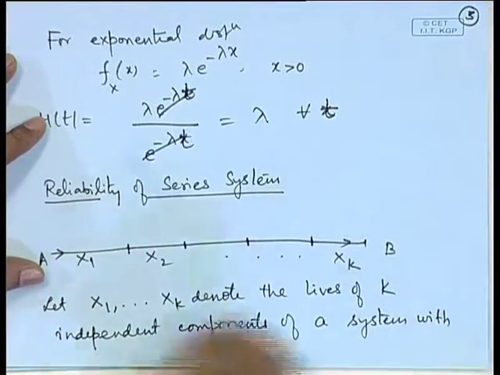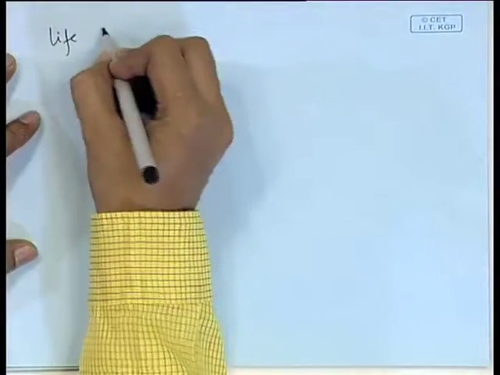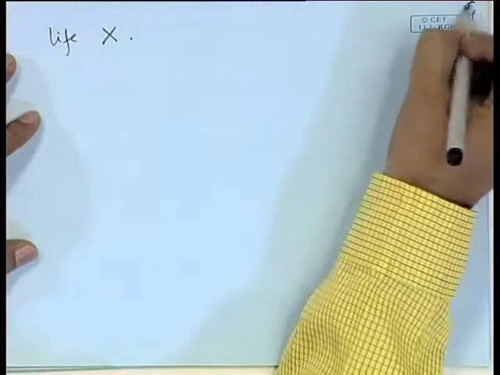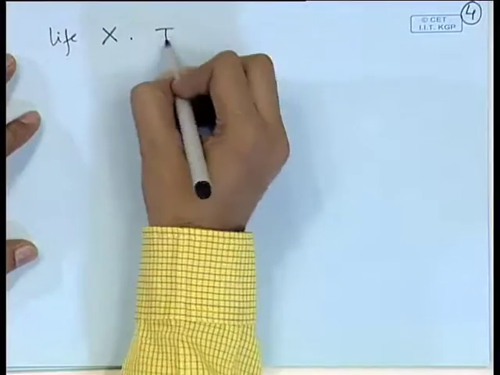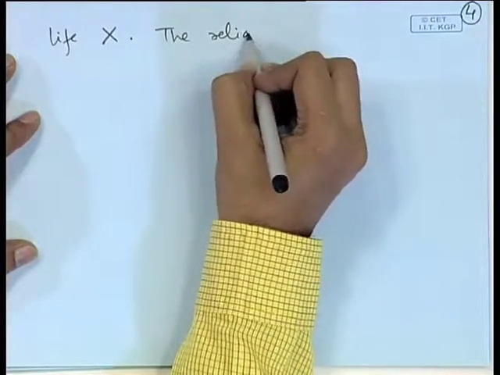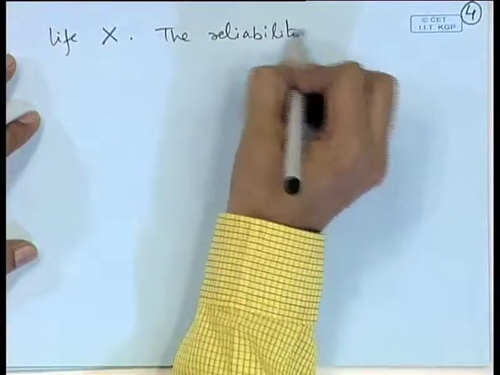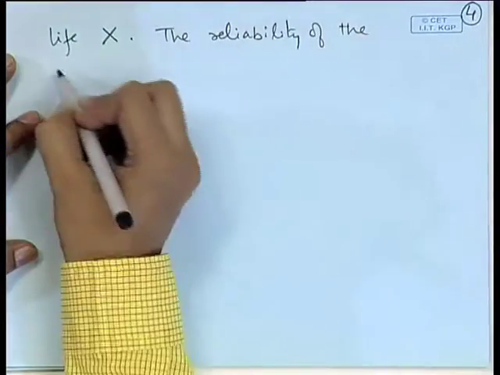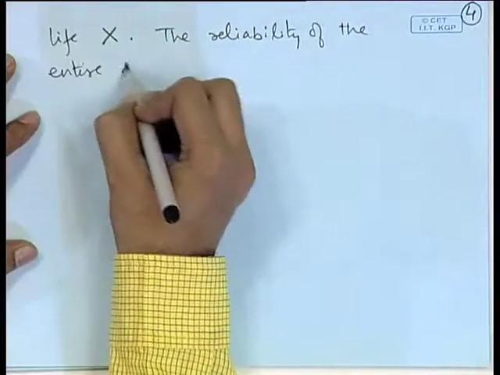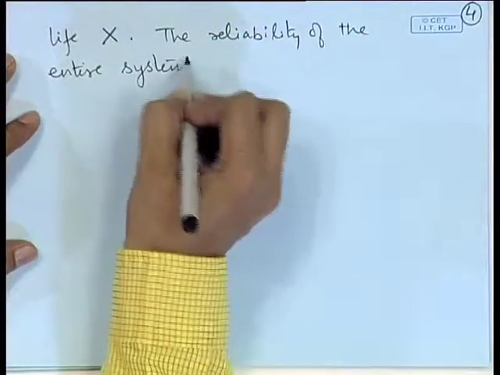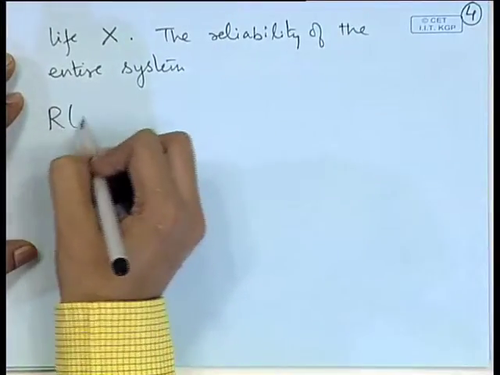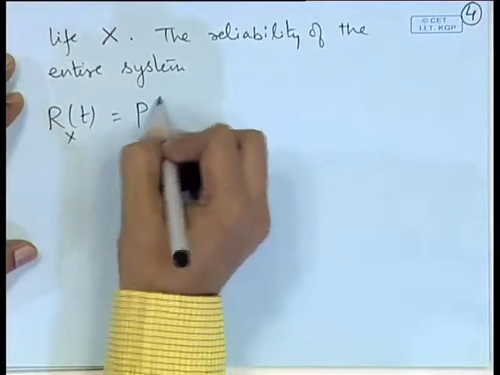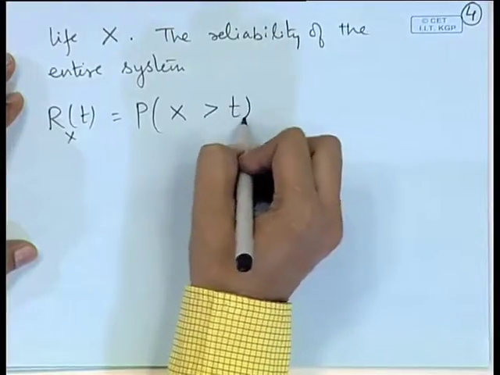With life x, the reliability of the entire system, that is R t, is equal to probability of x greater than t.